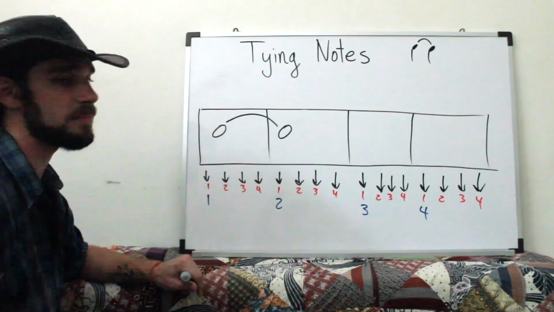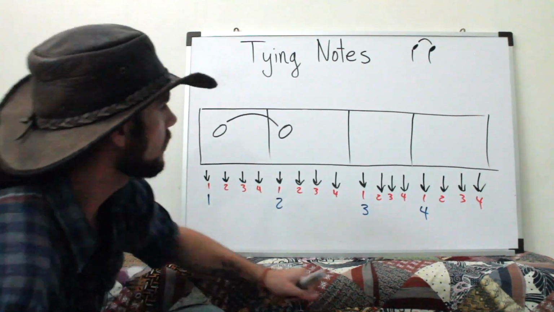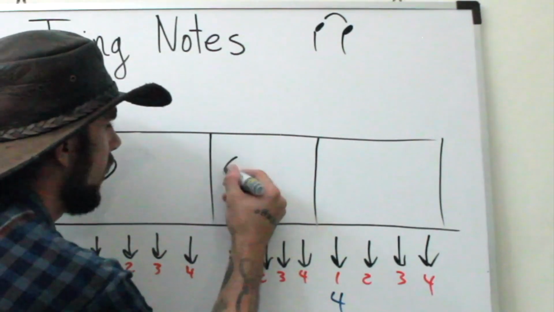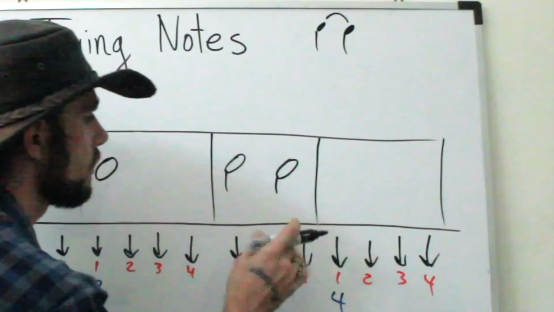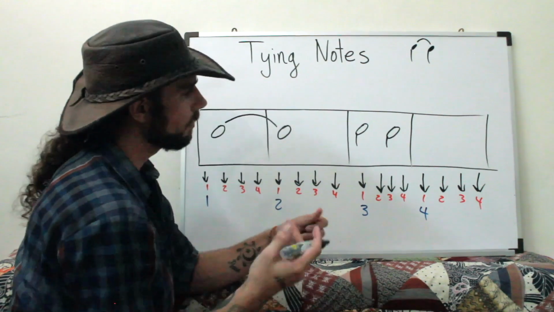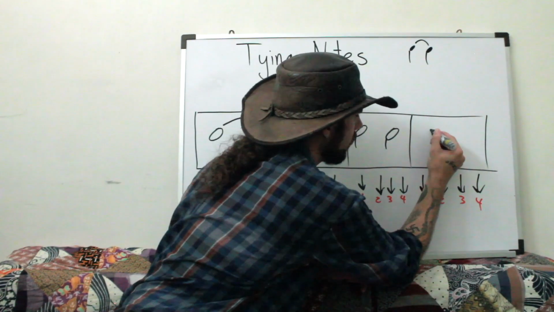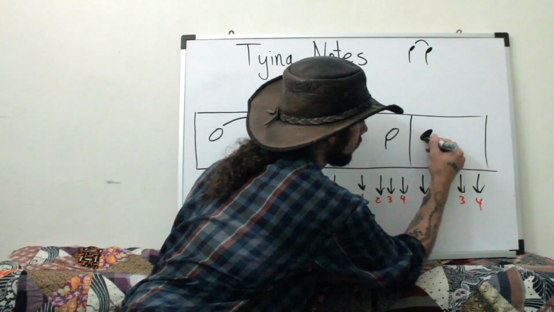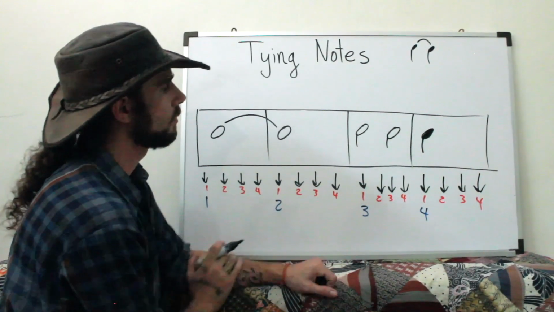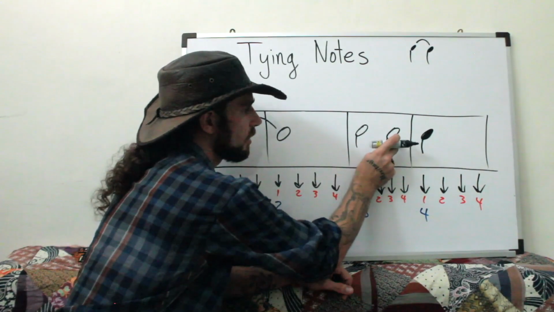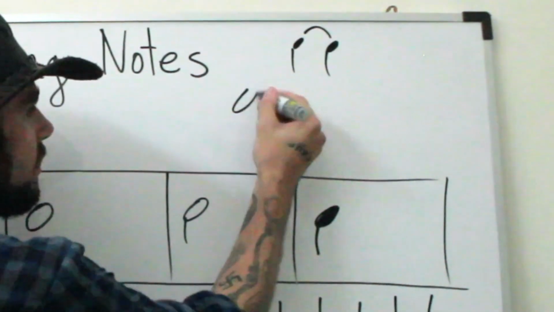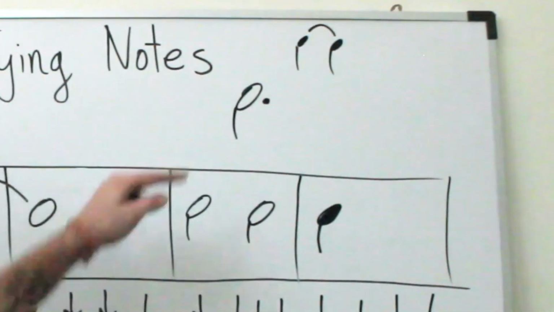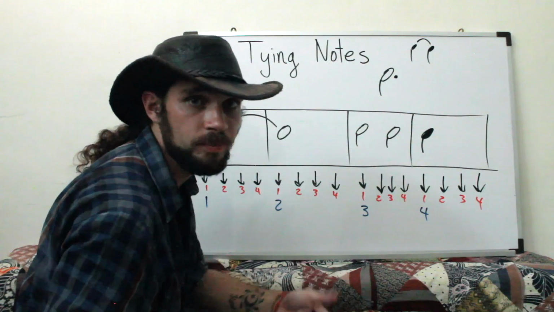Let's go over here and look at some half notes tied together. So let's say I wanted to do a half note here, another half note here. So this box is complete. But maybe I want to have a quarter note here. Technically, if I tie it together, this would be the same thing as doing a dotted half note.